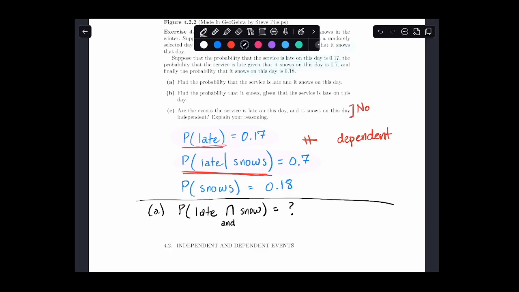So using our formula, I'm just going to do some scratch work off to the side. We know the probability that it's late given that it snows. We already know that, they gave it to us. But if we wanted to find this, we could use that formula for conditional probabilities that we learned earlier.